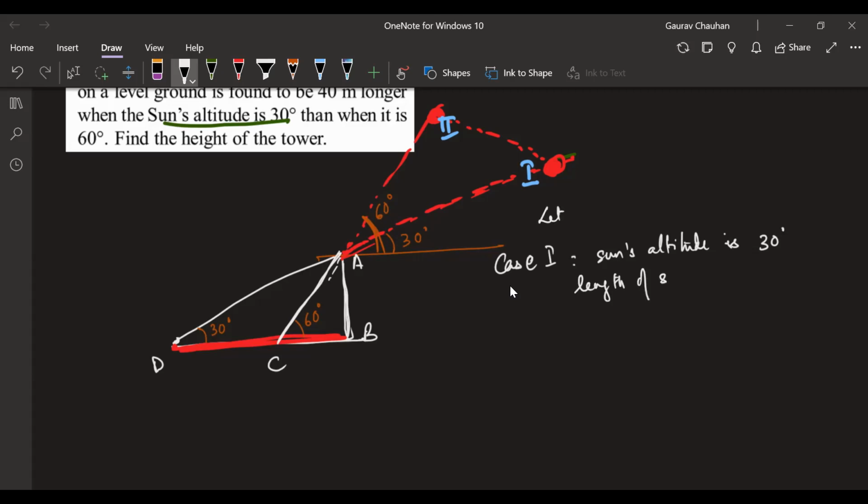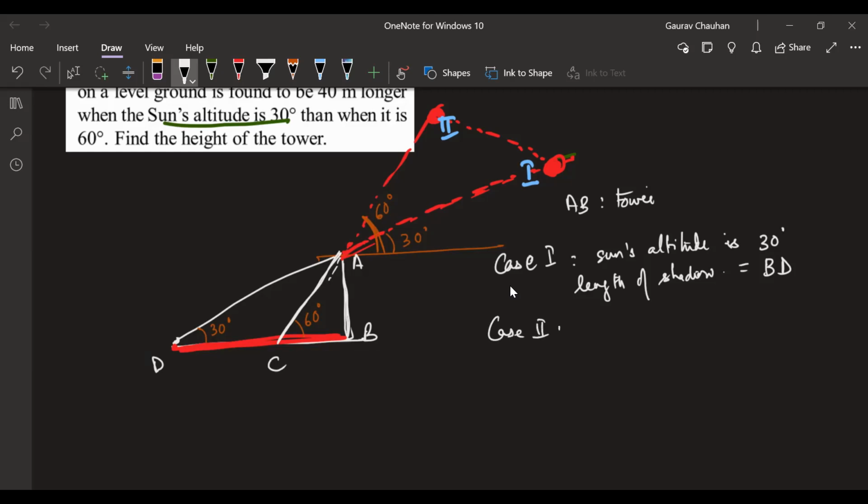Let AB be the tower. So AB represents my tower. Length of shadow in case 1 is BD. Are we good with this?